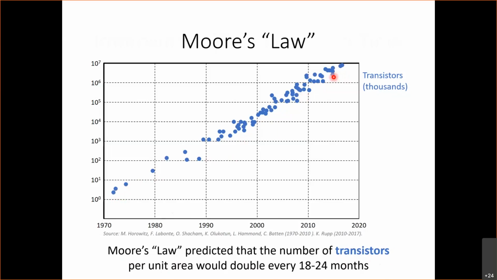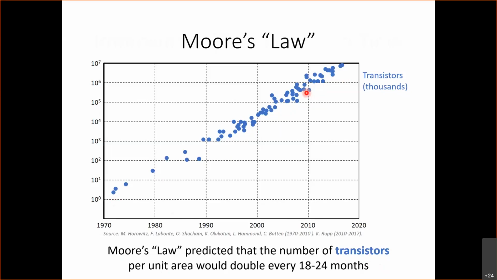This trend has saturated a little bit recently, but for a long time we were getting double the number of transistors every year and a half to 2 years, before this trend started to slow down.